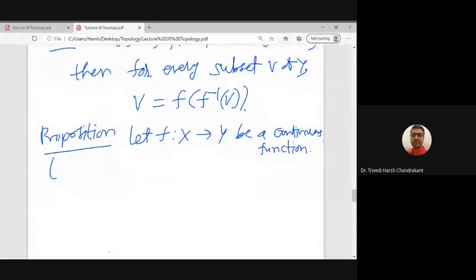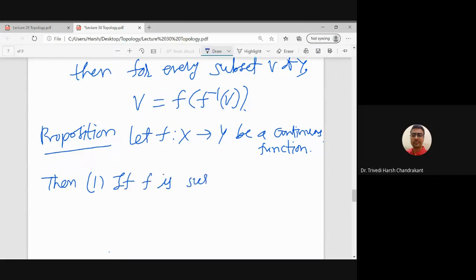Then if f is surjective and an open map, then f is a quotient map.